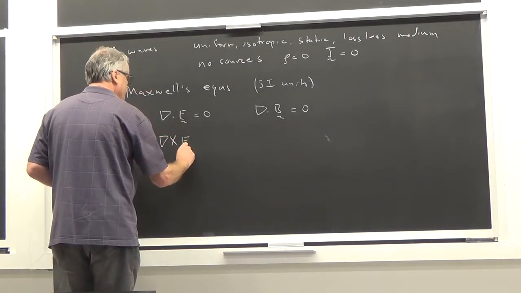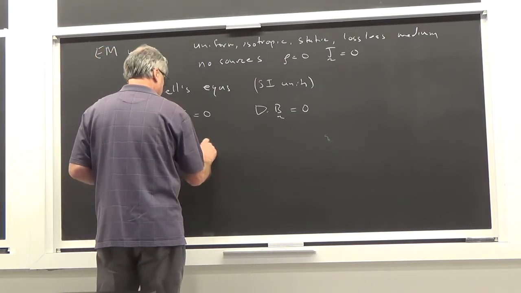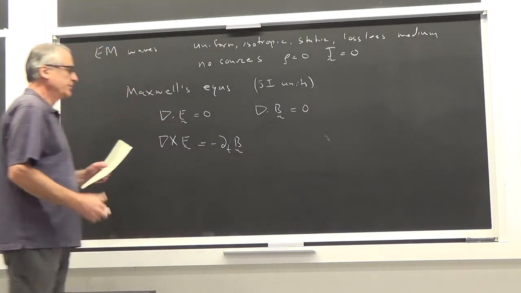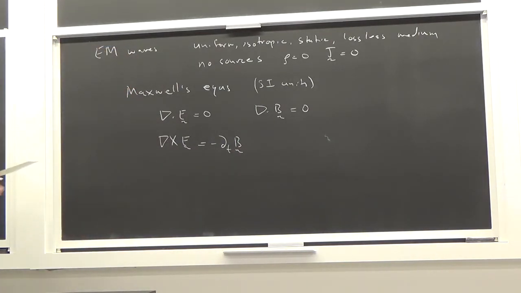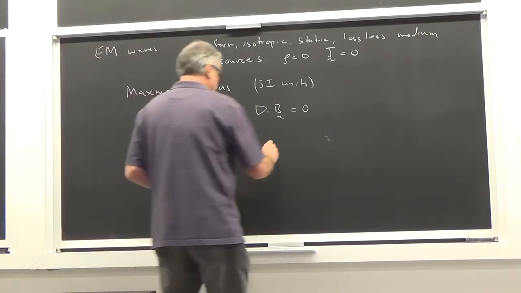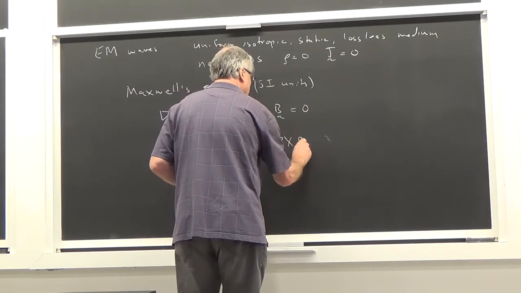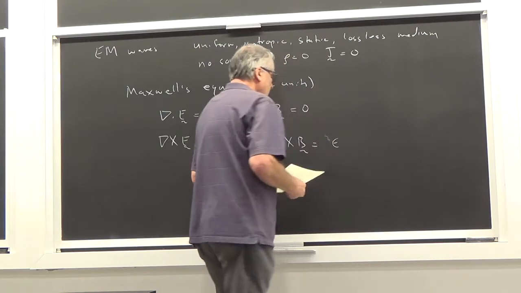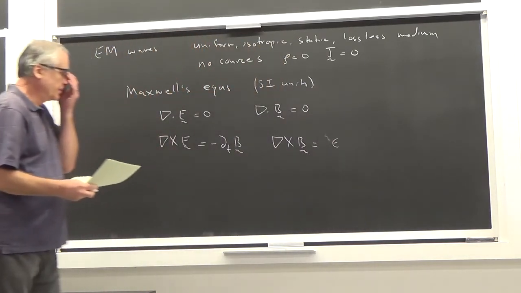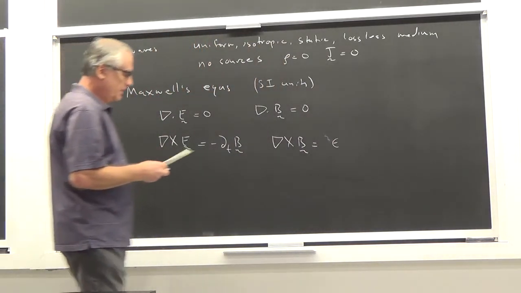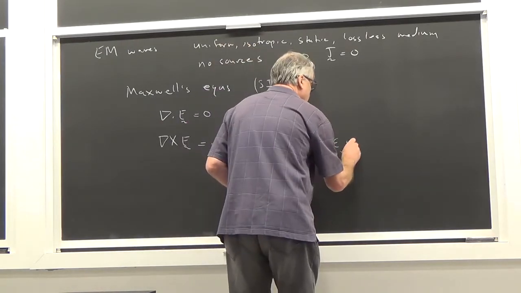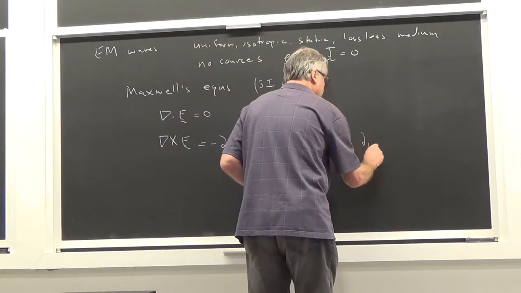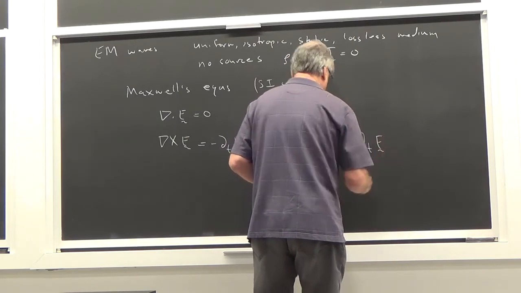Del cross E is equal to minus d by dt, the time derivative of the magnetic field. And del cross B is equal to the dielectric permittivity times the magnetic permeability times the time derivative of the electric field.